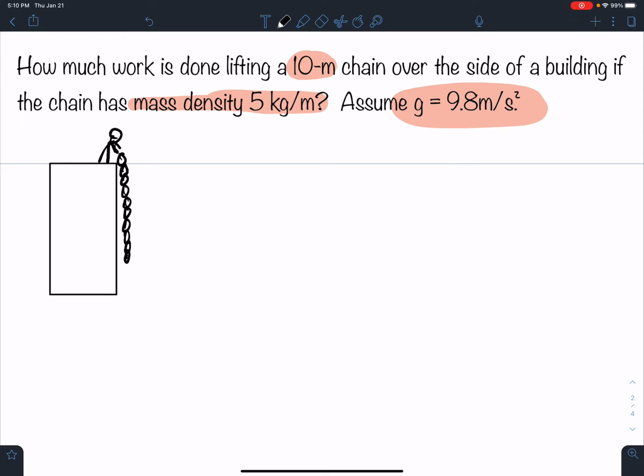So how much work is done lifting a 10-meter chain over the side of a building if the chain has this mass here? The mass is equal to 5 kilograms per meter. Since it's 10 meters, the whole chain is 50 kilograms, sorry.